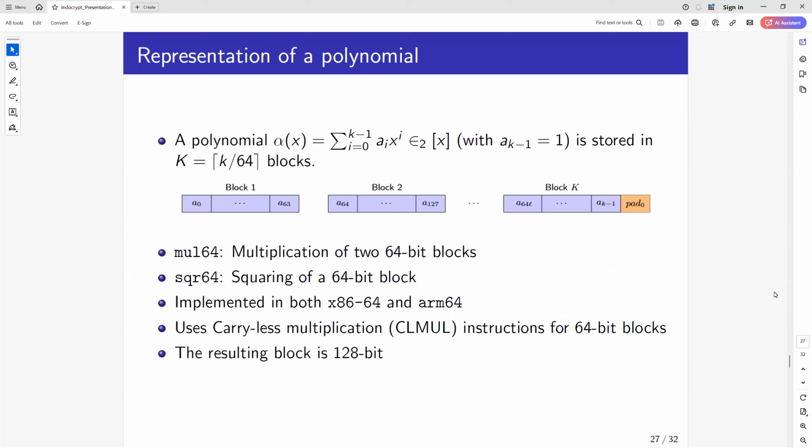Okay, so how did we do the software implementation? Emre did the software implementation of all these algorithms.